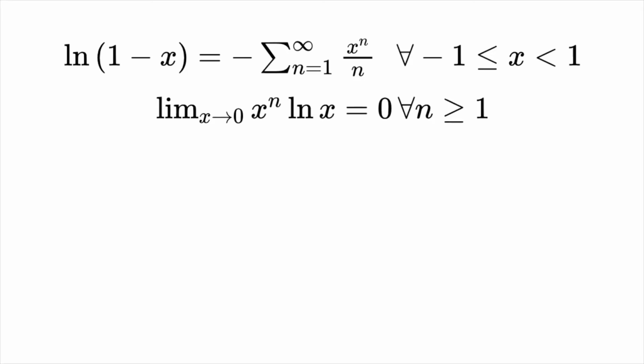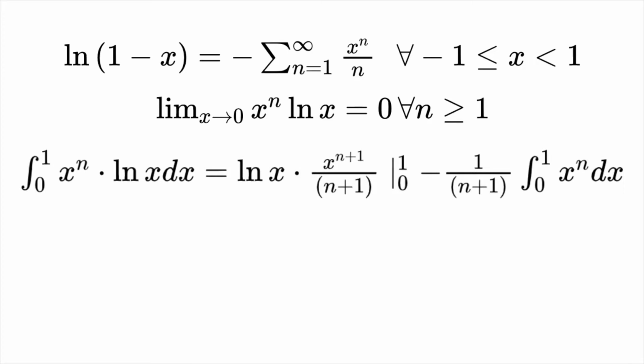The second hint is that the limit as x tends to 0 of x to the power n ln x equals 0 for all n greater than or equal to 1. n can be any real number in this case.